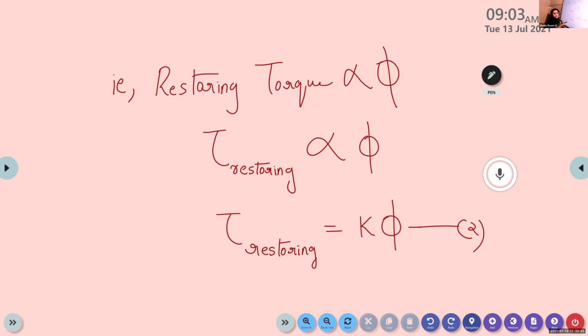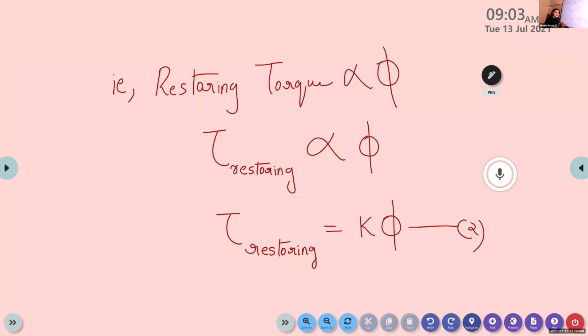That restoring torque retwists the rectangular coil back to the initial position. Retwist means again theta will become 0, right? Yes, theta will again be equal to 0. It retwists the rectangular coil back to its initial position, that is, the rectangular coil and the magnetic field become along the same direction.